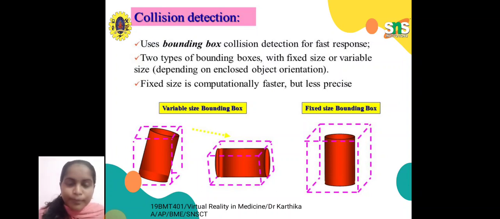But mostly we prefer the variable size bounding box, because fixed size is computationally faster but less precise. See this diagram, it clearly shows the variable size bounding box and fixed size bounding box. Nowadays we prefer the variable size bounding box for highest precision.